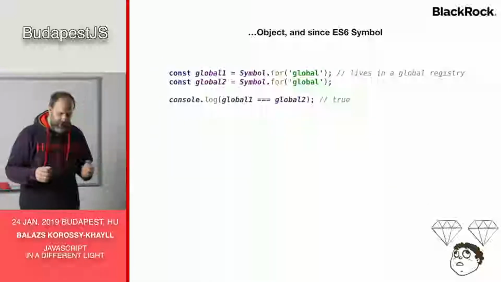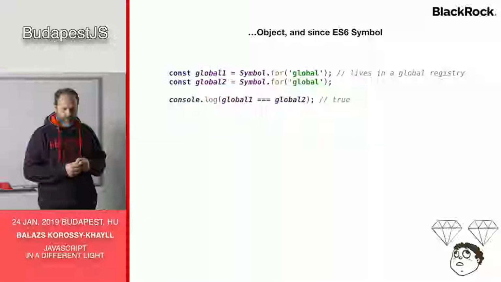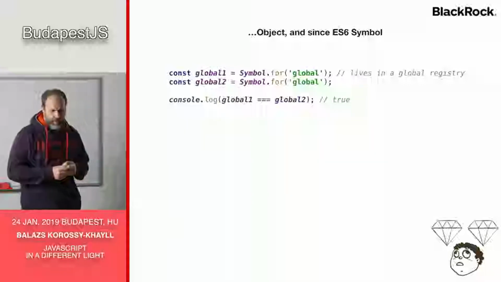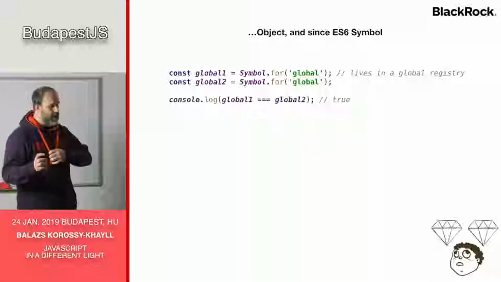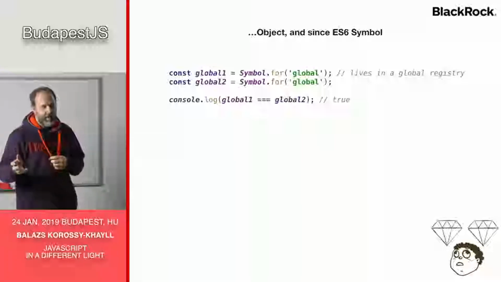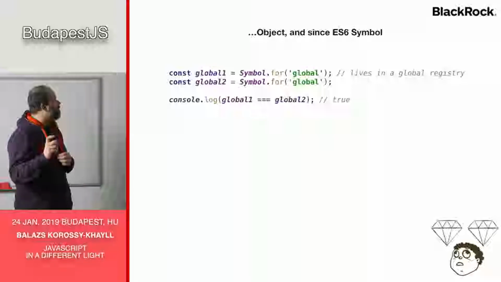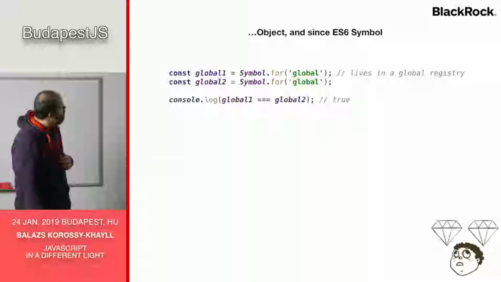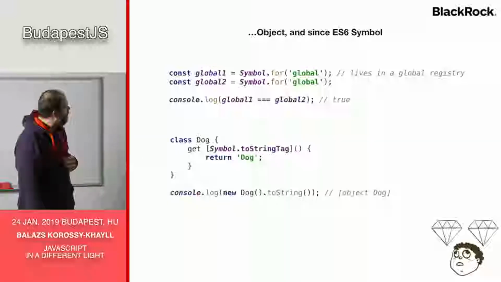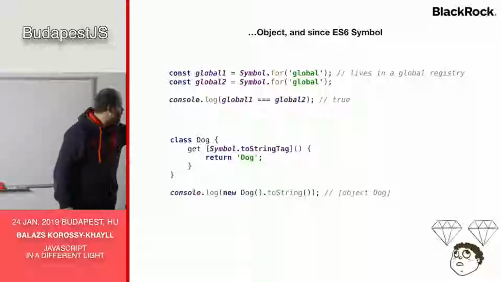JavaScript also has a global symbol table to store references for symbols. And in the language itself, there are these so-called well-known symbols, like this one.